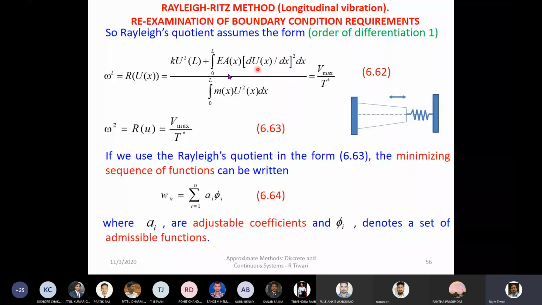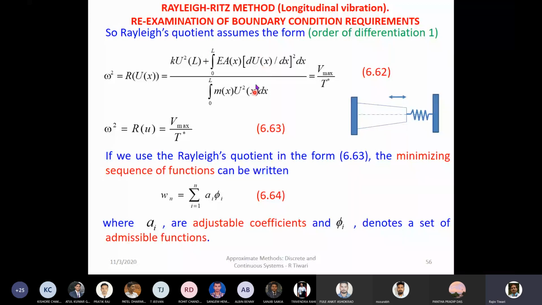So there is no requirement of satisfying the natural boundary condition separately while we choose the u function. So here you can see that the order of differentiation got reduced by 1. Also, the natural boundary condition automatically comes into the formulation. There is no requirement of that during the choice of the function.